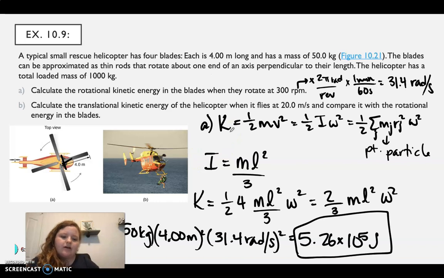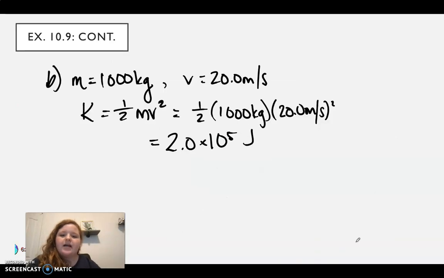Now let's compare that. We have our blades that have a rotational kinetic energy of 5.26 times 10 to the 5th, and our helicopter with a loaded mass has an energy of 2.0 times 10 to the 5th joules.